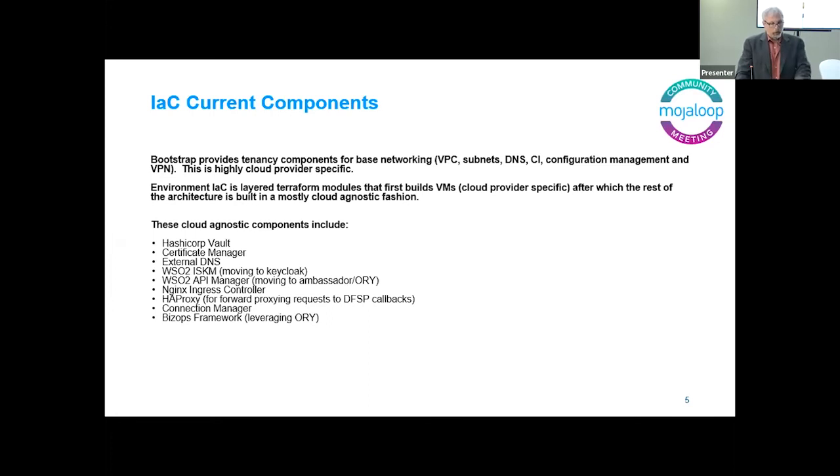I would mention that Ory stack has already been implemented within the IaC for the BizOps effort. Nginx ingress controller, and HAProxy, not for reverse proxy, but only for forward proxying. And that is for callbacks to the DFSPs. Connection manager, and the BizOps framework that I mentioned before is leveraging Ory now.